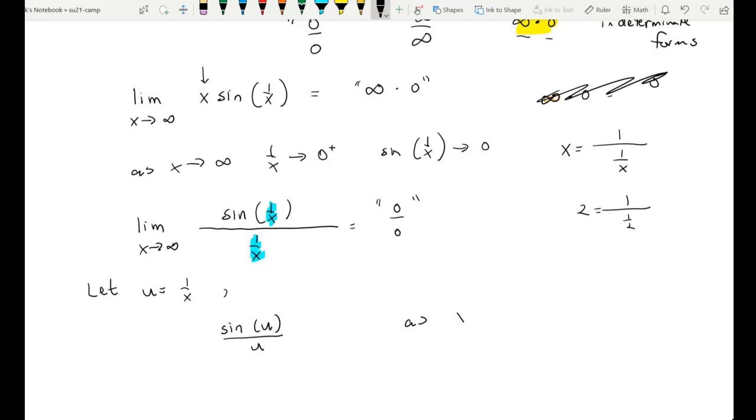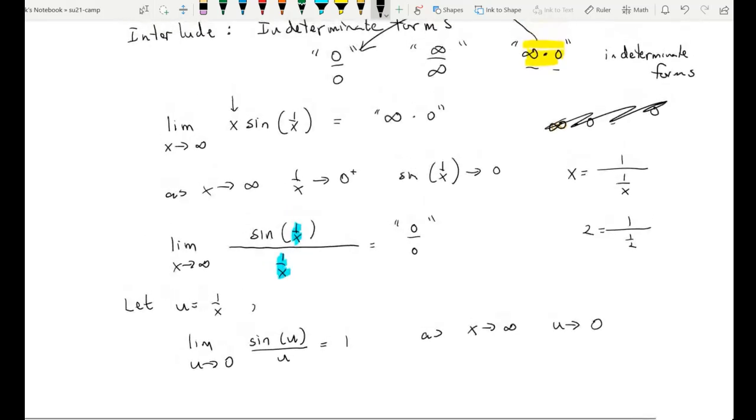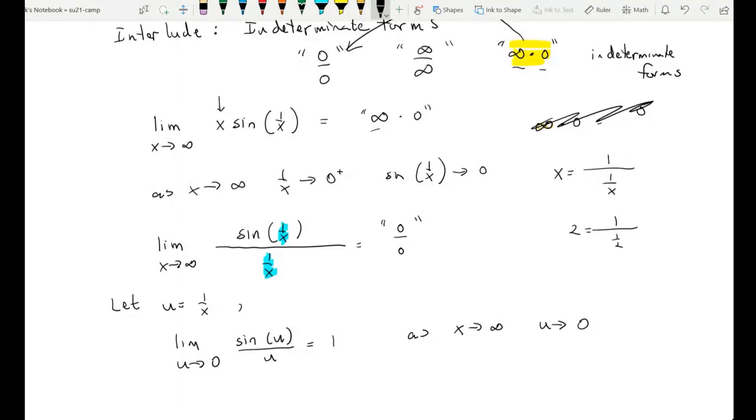Now, as x goes to infinity, we already discussed that u goes to 0, because u is equal to 1 over x. So we can restate this limit as the limit as u goes to 0 of sine u over u. You should be able to tell me what this limit is if you were here yesterday. Special trig limit. Yes, very good, 1. So here we had this indeterminate thing when we tried to evaluate directly, infinity times 0. But after some algebra, we saw that the limit actually exists and it's equal to 1.